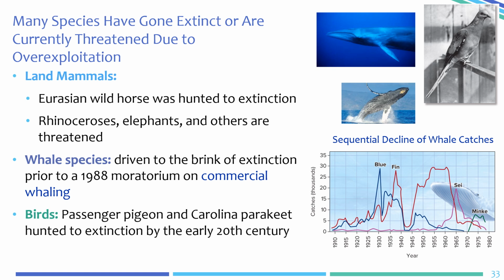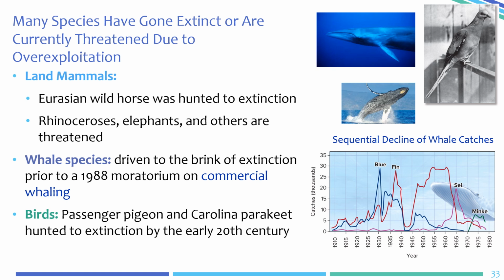Some very common examples: rhinoceroses and elephants in Africa, and some other big game animals that are used for hunting. Many of those have been pushed to the brink of extinction.